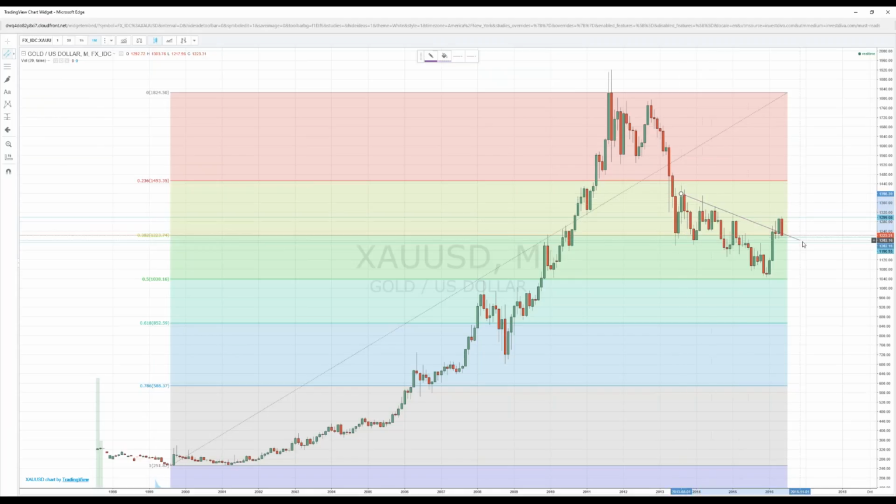So this small channel over here, between and an angle trend line, right? So this is the channel that the pair broke above. So at the time when we broke above this channel, that was a bullish signal.